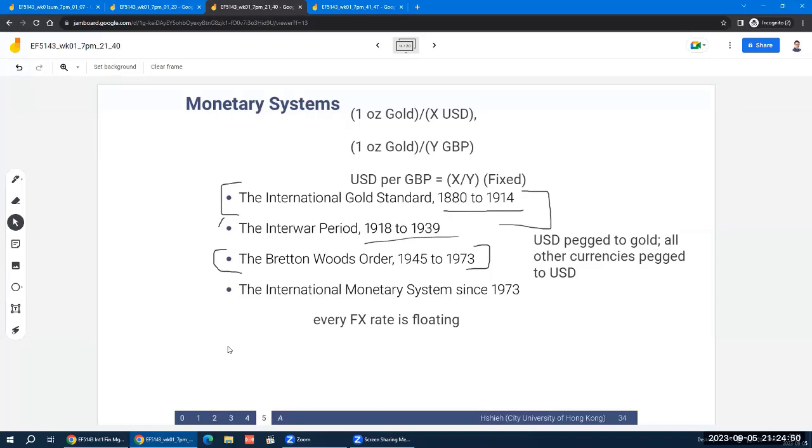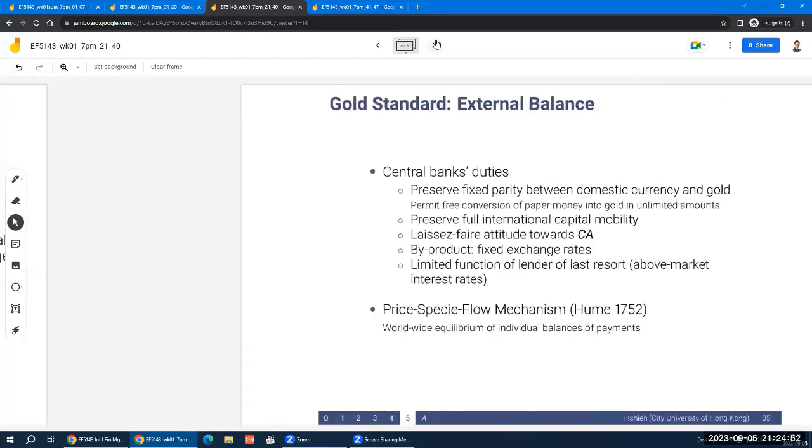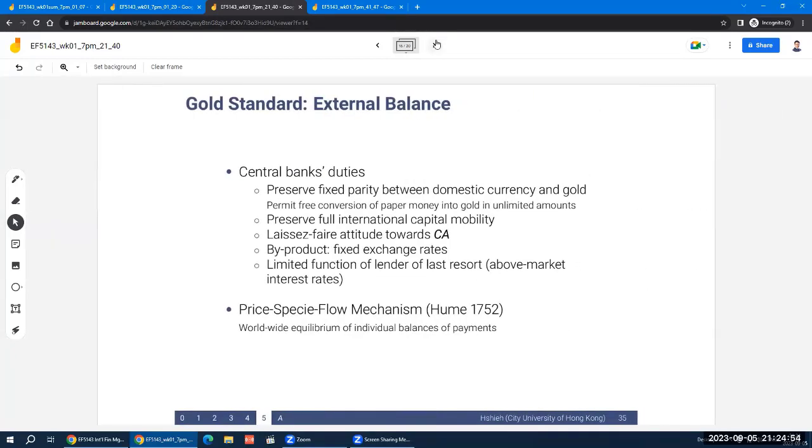All right, so let's talk a little bit more about the gold system, the implications. Under the international gold standard, the central bank's duties are quite simple.